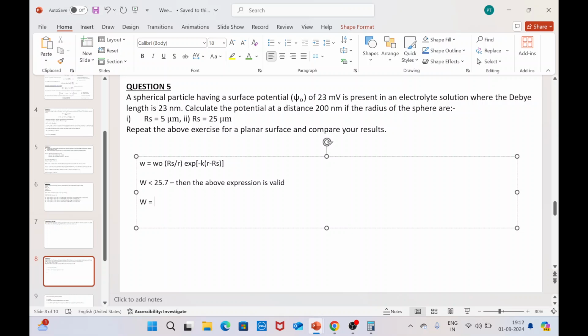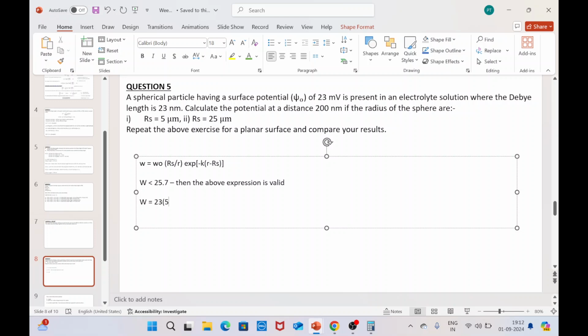Since this expression is valid, it's now more about substitution. So let's substitute. This is 23 millivolt times Rs, where Rs is the radius of the sphere. I'll do one part, you can do the other part and let me know the answer today or by next week.